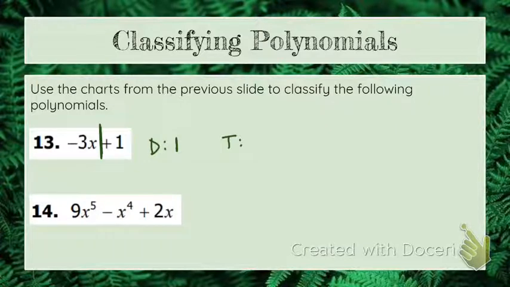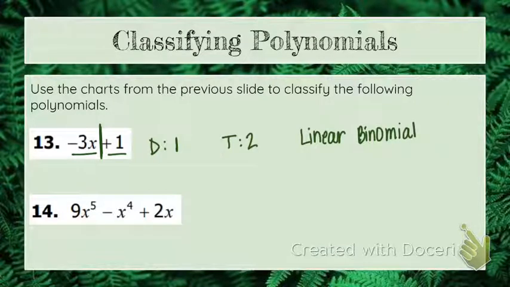So if we draw a line here, we have 1 term, 2 term. There are 2 terms. So the first name that goes with degree of 1 is linear. The last name that applies to 2 terms is a binomial. So this is a linear binomial. That's the type of polynomial this is.